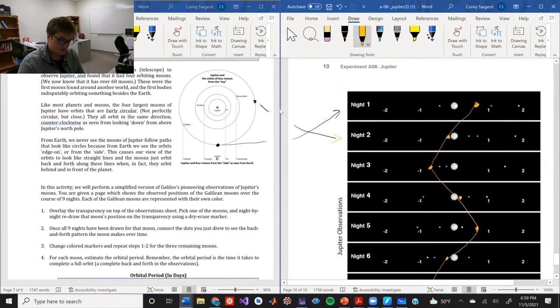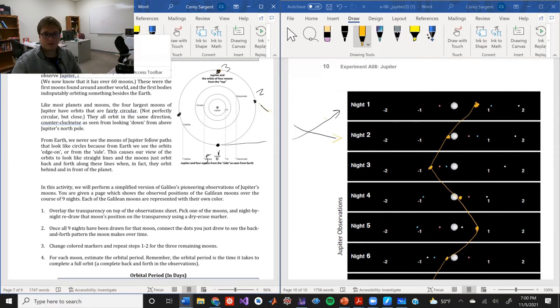Night 3, that's all the way over here. As you can see, it's still orbiting around. It's not going in straight lines, it's just how we perceive it. And then night 4, it's around this location. And then night 5, we're back to our original spot. So this is 5 nights.